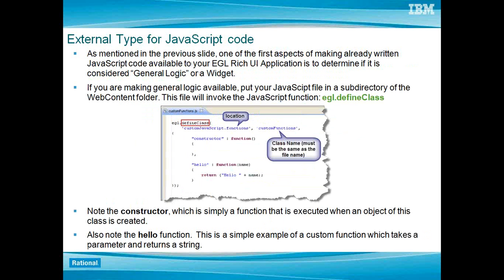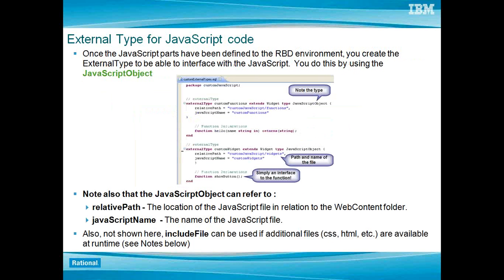If you see on the previous slide here, we have custom functions.js. The class name is similar, custom functions. So here in the mapping place, inside of external type, using JavaScript name, we have provided the same name.